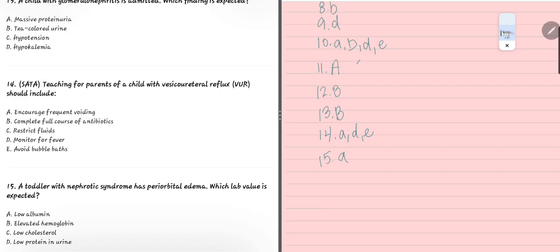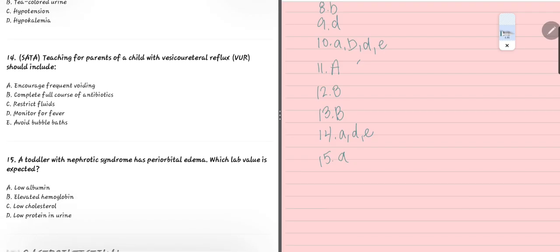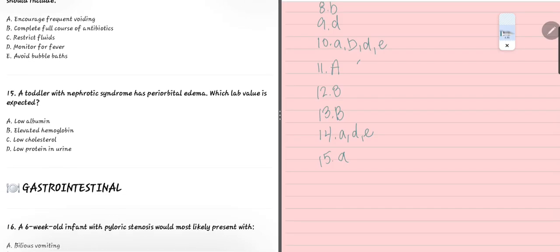I can't explain it. It's something like the glomerulus doesn't filter correctly, and then albumin escapes. So I don't know if that means it would be low. I guess it would be low. Anyway, all right, 16.